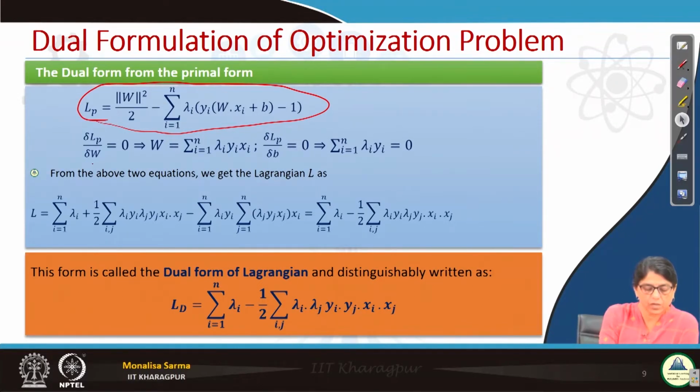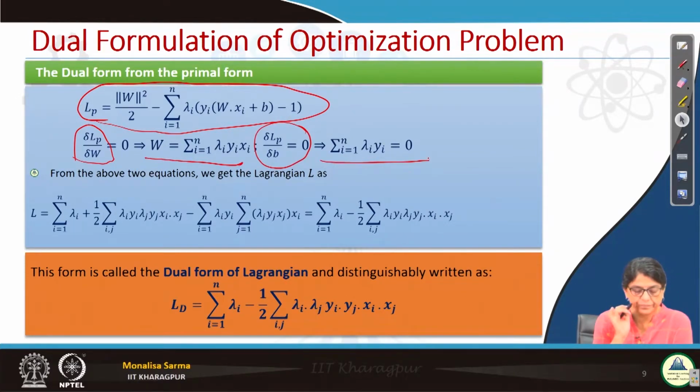I have done first order differentiation with respect to W, and I got this. Then first order differentiation with respect to B, and I got this. This too I will use in this expression, and there is actually a big one-page calculation, so I did not show it in this slide.